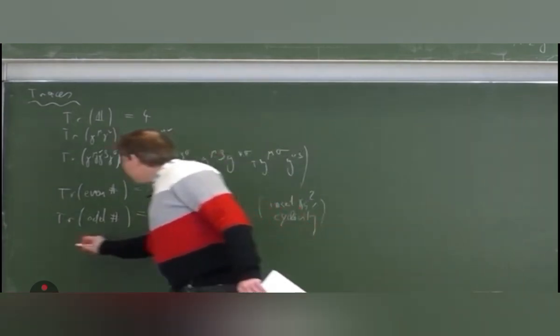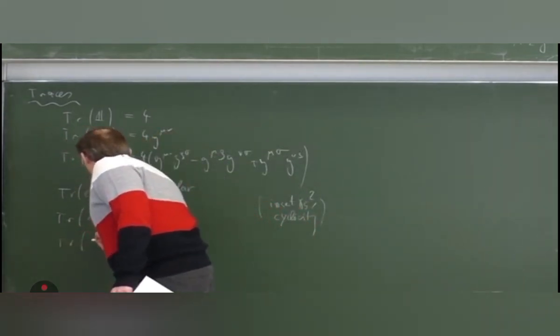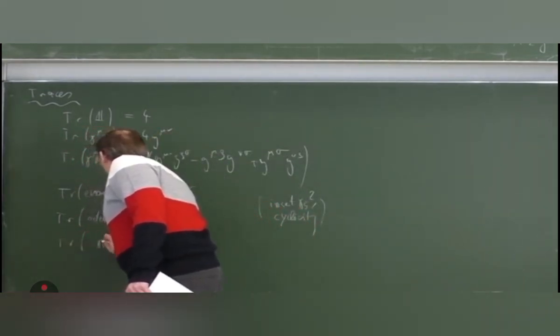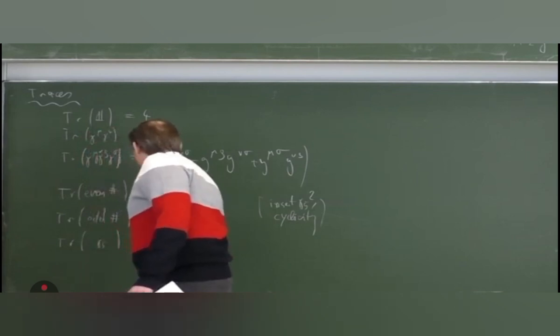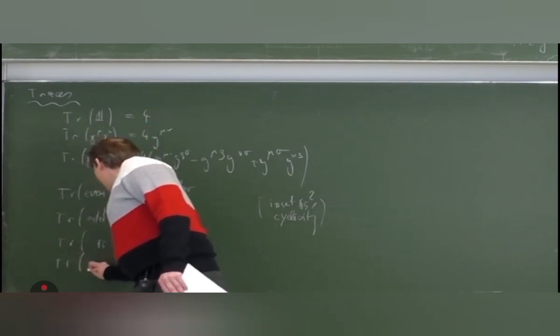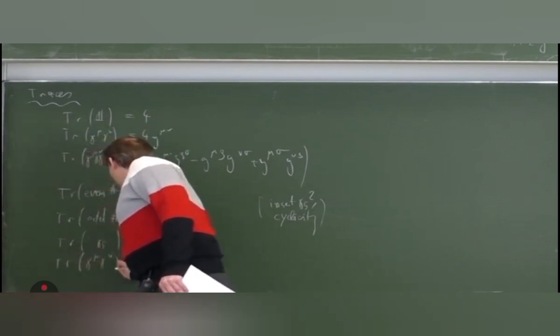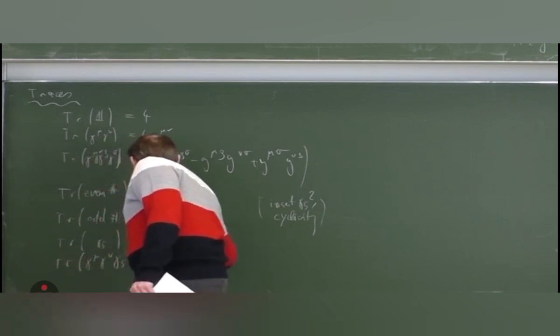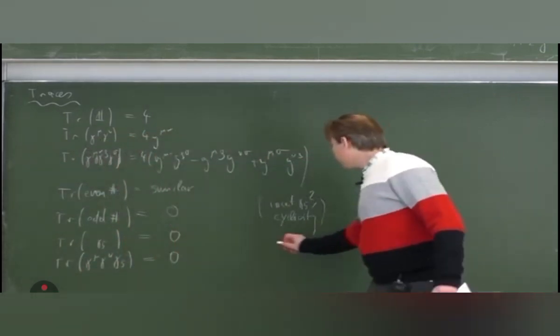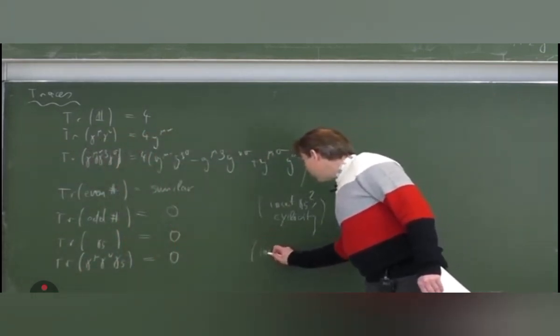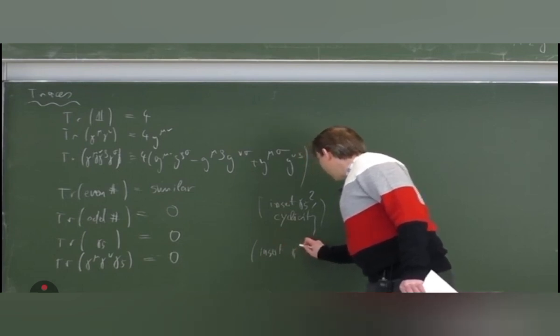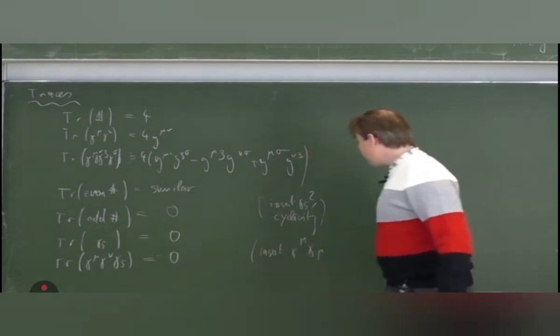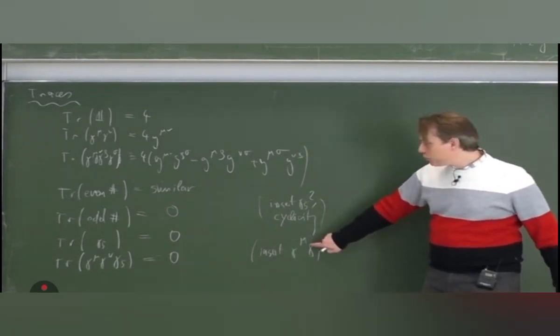Then the trace of gamma 5 is 0. The trace of gamma mu, gamma 5 is also 0. And here you can, for example, insert gamma mu contracted over mu.